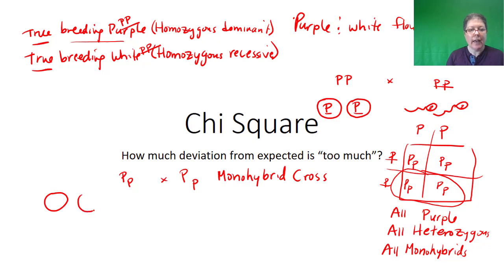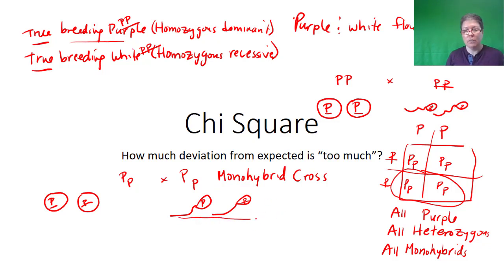Egg, egg. So 50% of her eggs are going to be big P. 50% of her eggs are going to be little p. Let's have this be dad. We'll make his sperm a little bigger so I can write in them more easily. 50% will be big P, 50% will be little p, because he can either do a big P or a little p.